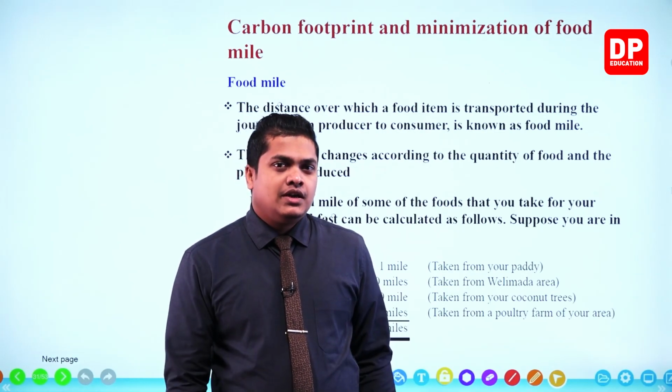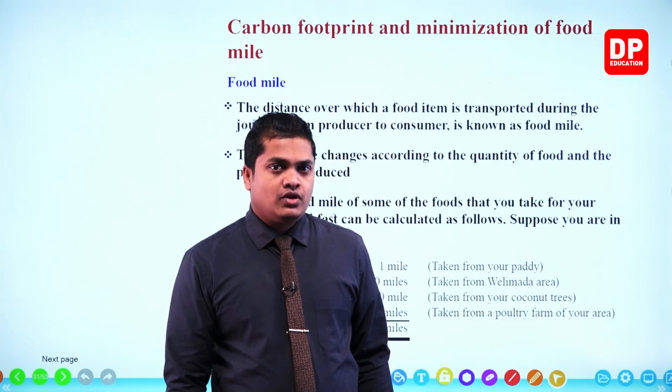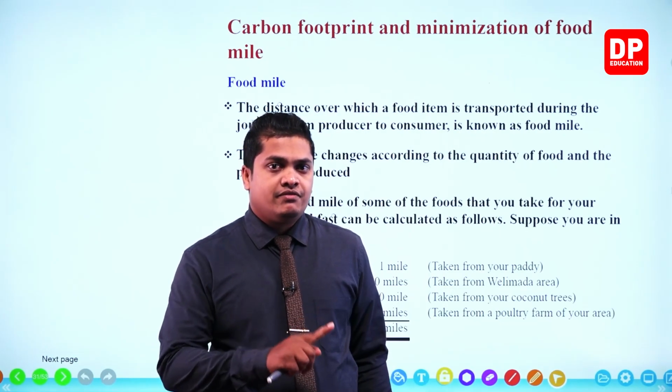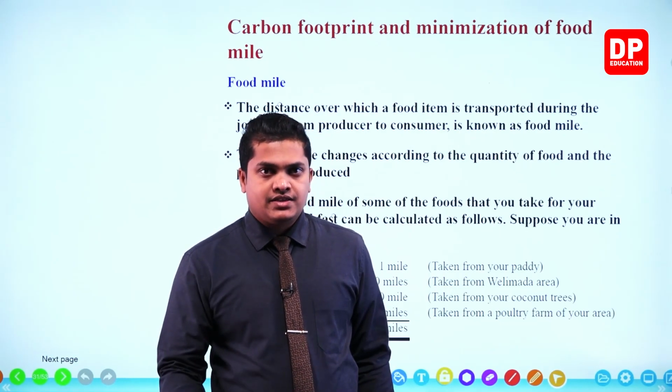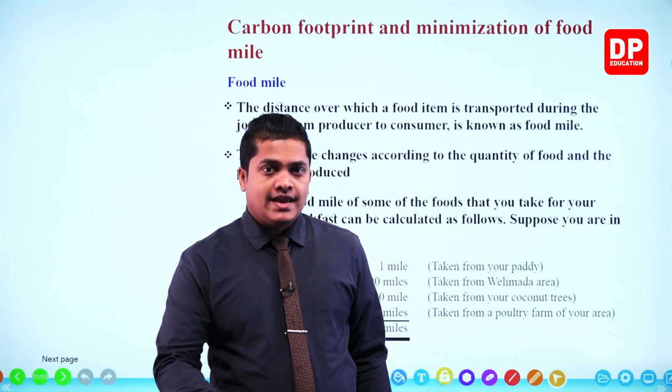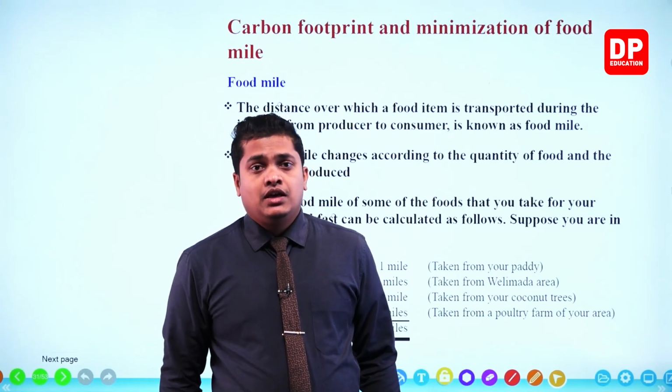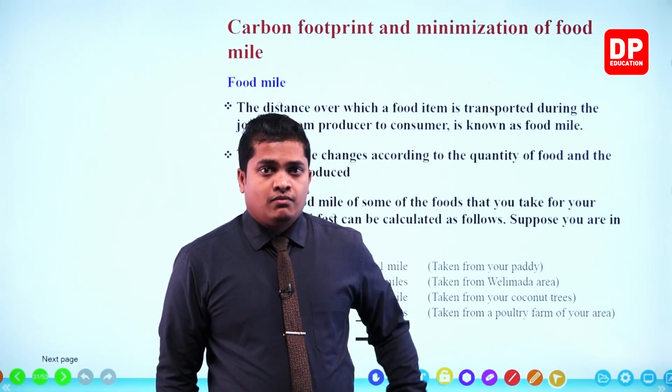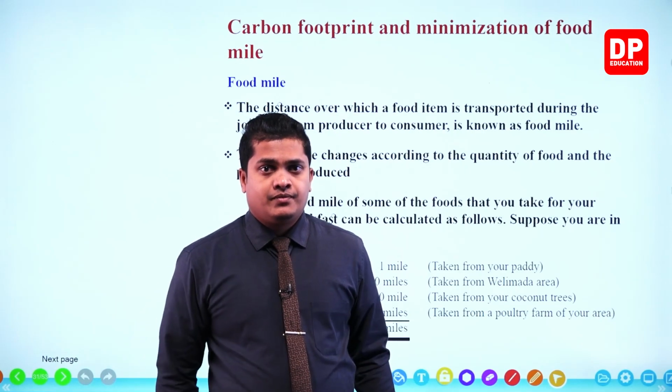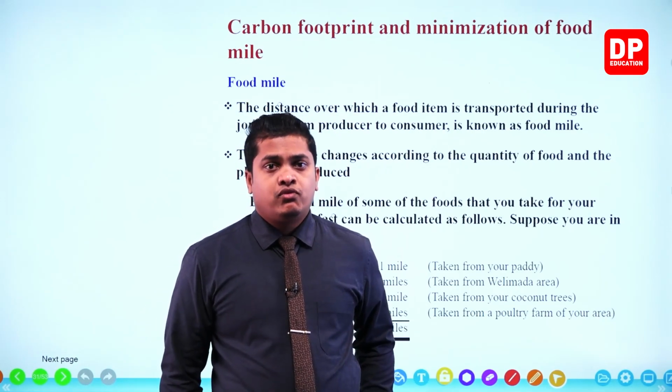In simple terms, the distance by which a food item has traveled from the field to the plate of the consumer. The entire distance traveled by the food item from the field to the plate. So this is what we mean by the food mile.